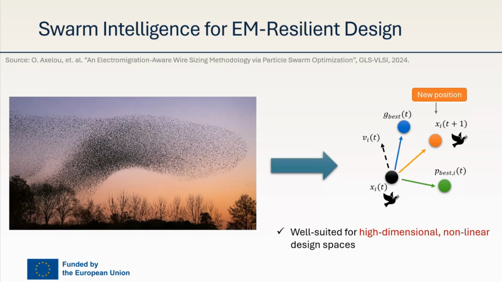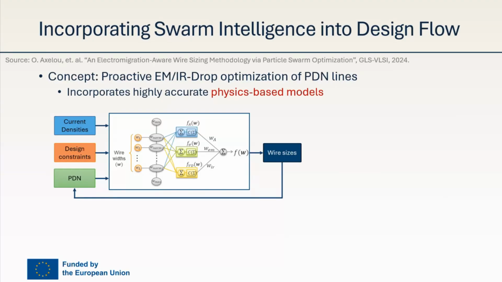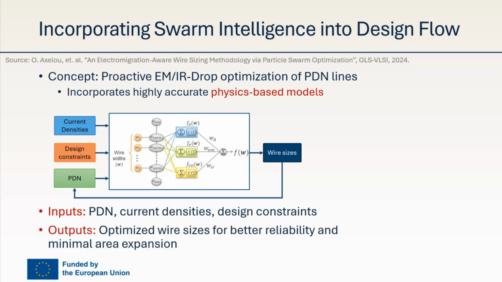So the concept is to perform electromigration and IR drop optimization on power distribution network lines as a proactive solution, and this is becoming quite crucial as technologies shrink. In particular, the proposed method takes as inputs the power grid characteristics, the current densities, and the design constraints, and as output, it provides optimized wire sizes to balance reliability and area efficiency.